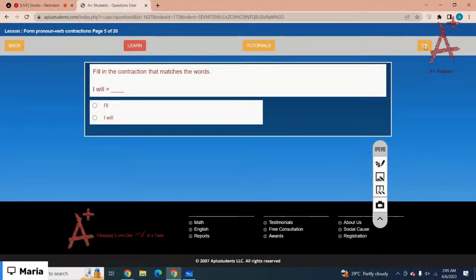Okay, the next one is fill in the contraction that matches the words I will. How do you write I will?